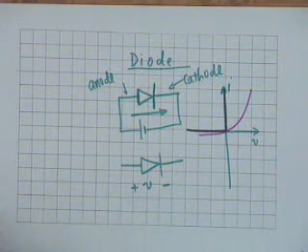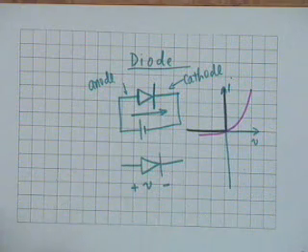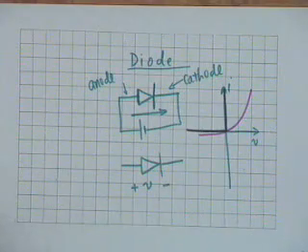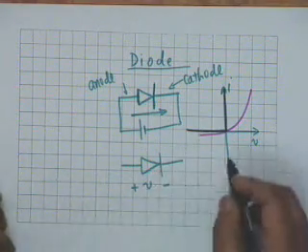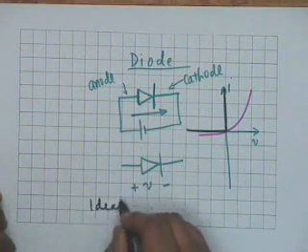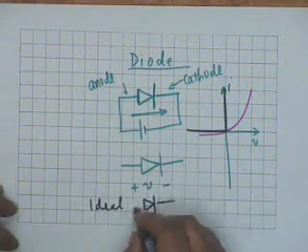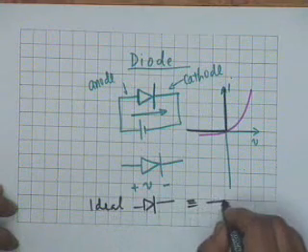Now this ideal characteristic, doesn't it remind you of a switch? When the switch is on, any amount of current can flow; when the switch is off, no current can flow. So an ideal diode is equivalent to a switch.